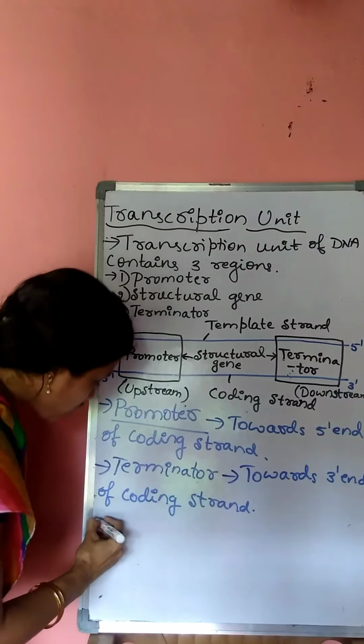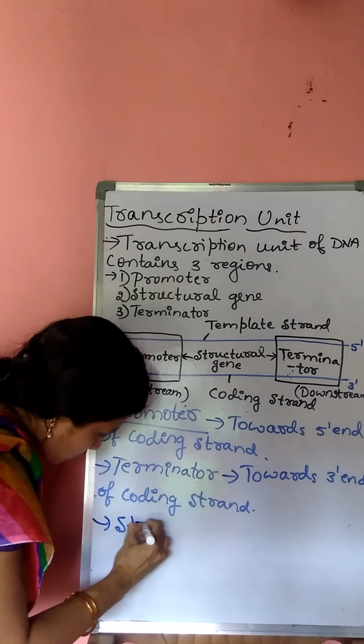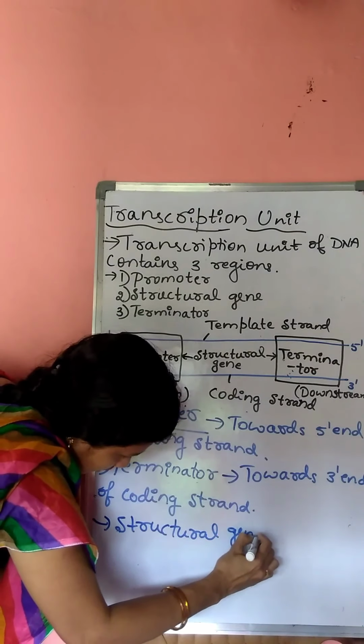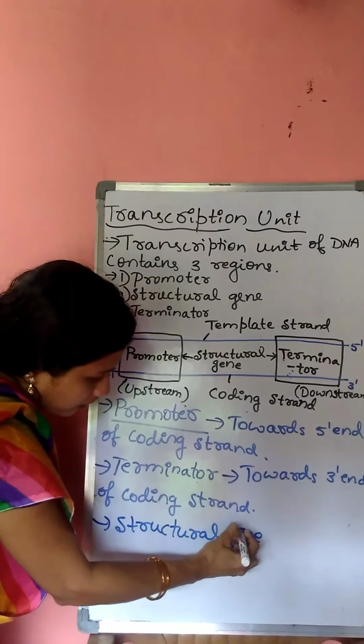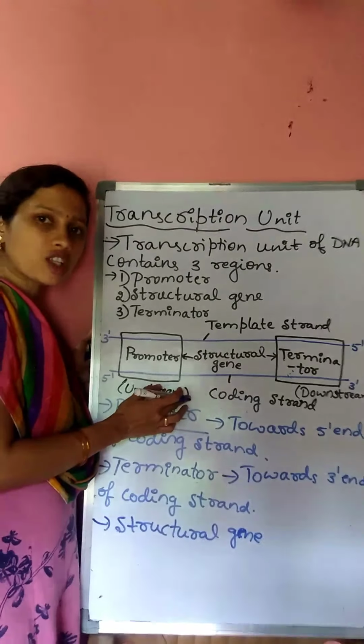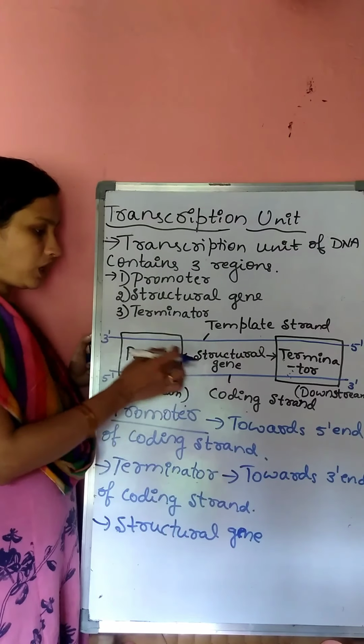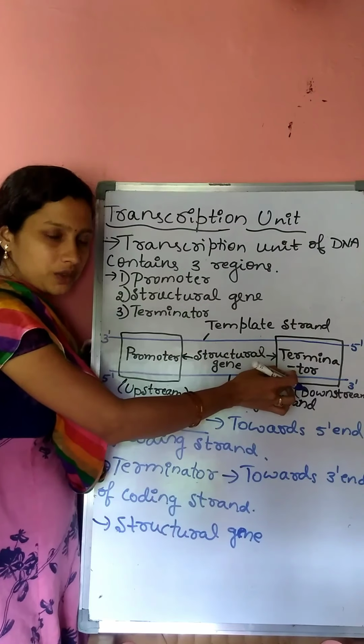Whereas the structural gene is another region present in the transcription unit, and the structural gene is present between promoter and terminator.